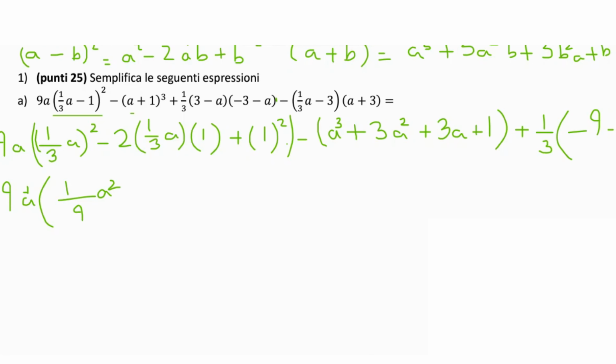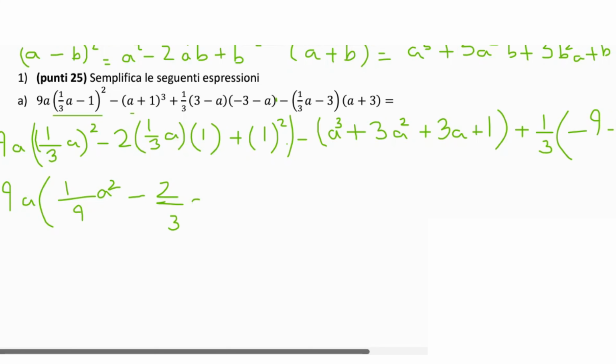Let me get rid of this small mark here as it could lead to some confusion that a has some power on top of it. Right. So it would be 2/3 of a plus 1. We can open it up.